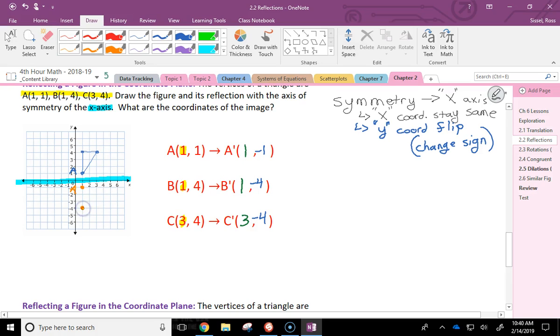I go to here. That would be B. That does make that coordinate 1, negative 4. I look at C. It's still going to be 3 because I'm just taking it and flipping it, but it was 4 away. So now it is 4 away. If I can find this. That is C.